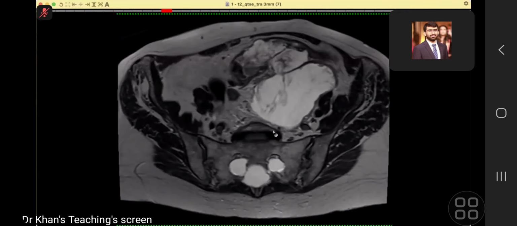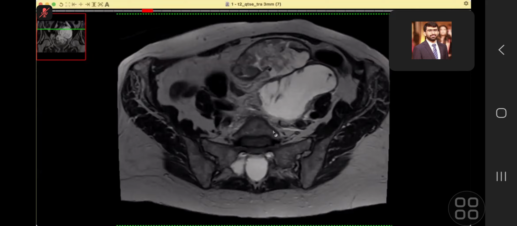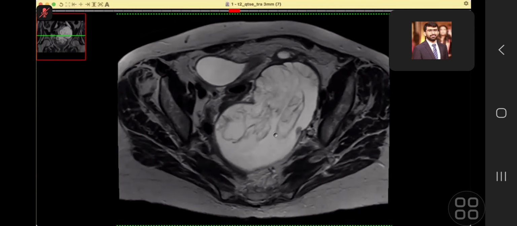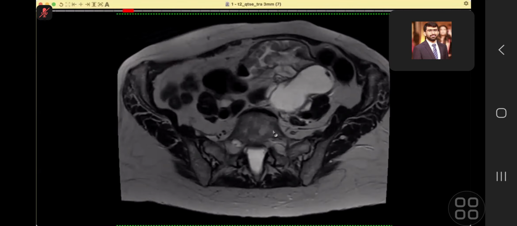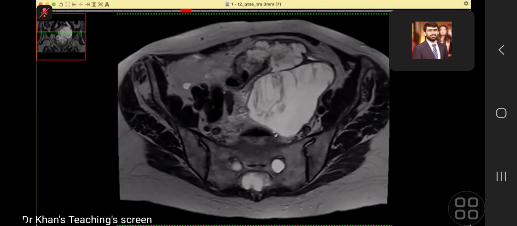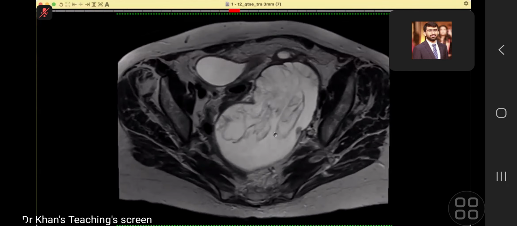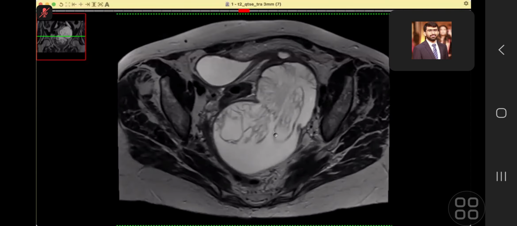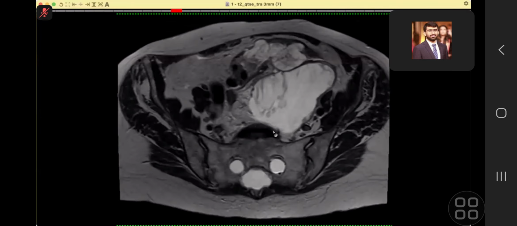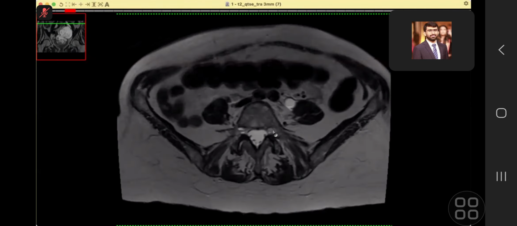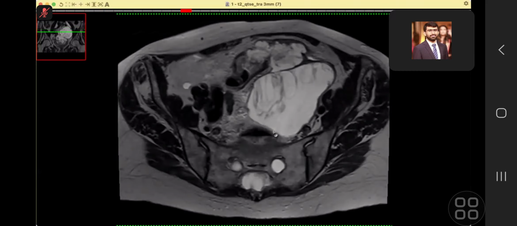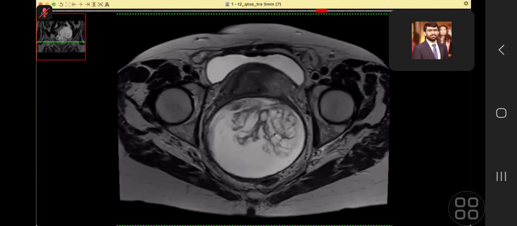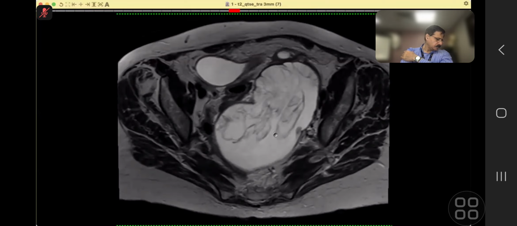So if it's not fat, then the possibility is that it's a fluid cystic lesion, and this cystic lesion is lobulated, large, between the uterus and the rectum, and the epicenter of the lesion appears to be an adnexal lesion, and its origin appears to be in the ovary. And sir, what's the age of the patient, can I ask? 77.